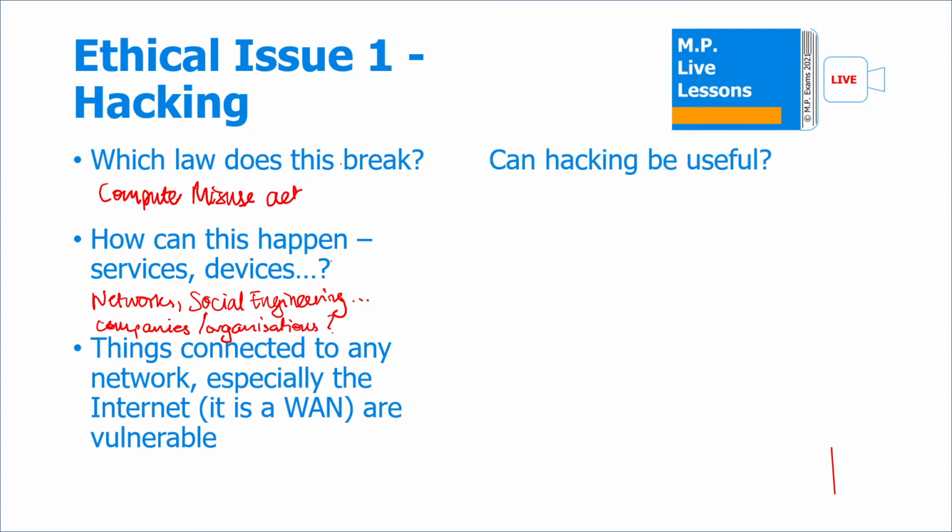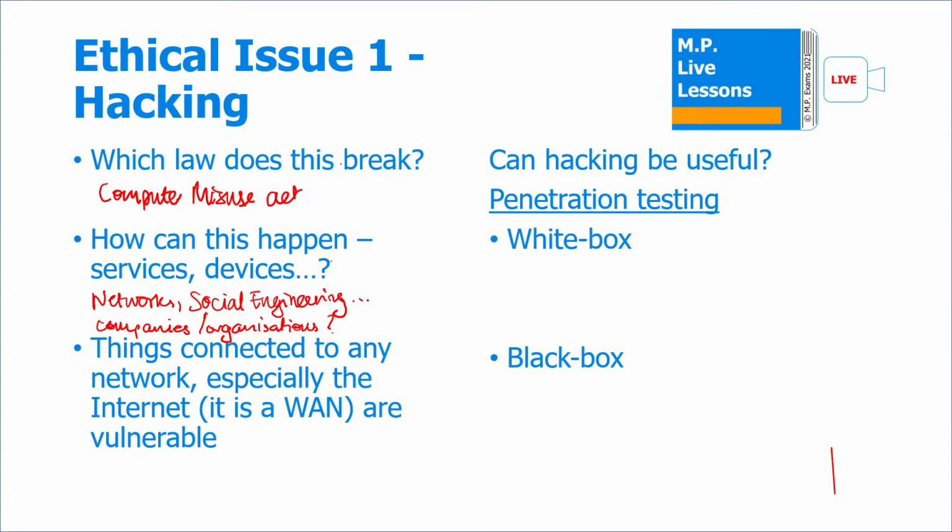Now, hacking can actually be useful through penetration testing. So you have two types, white box and black box. So this is where we test the cybersecurity measures or how good, for example, the staff in a company or an office are at preventing viruses getting in or hackers getting in.